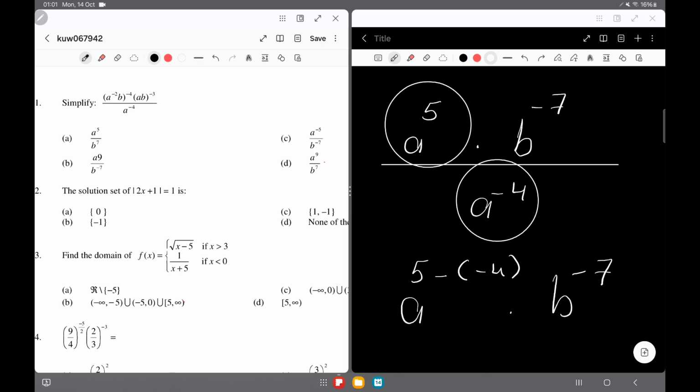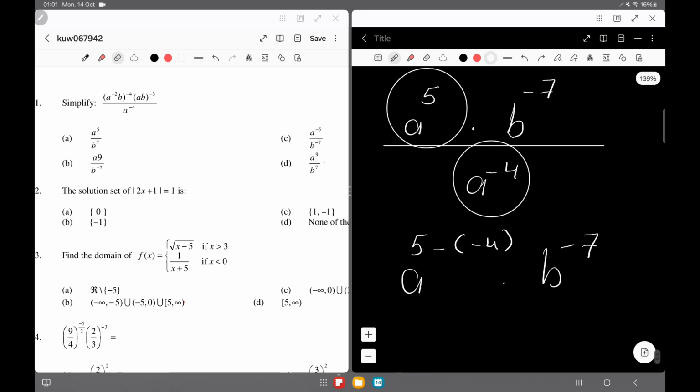Because if we have, for example, a to the power of 5 over a to the power of, for example, 2, it will become a to the power of 5 minus 2. Okay, the power up minus the power down. So it will become 5 minus plus 4. So 5 plus 4, it's 9.